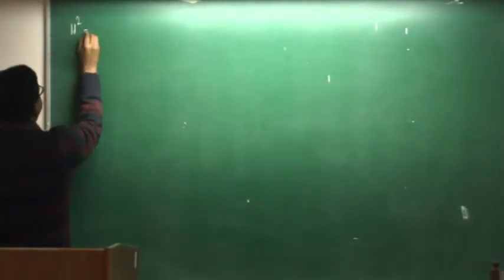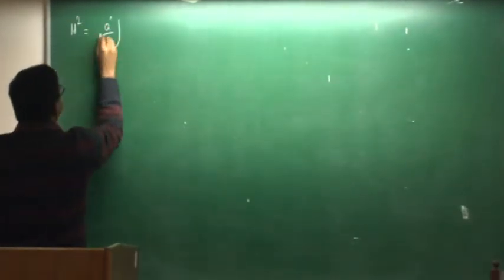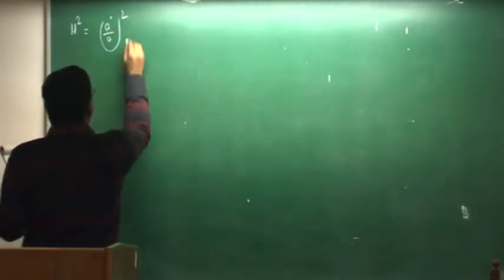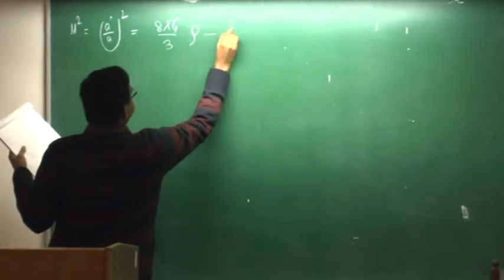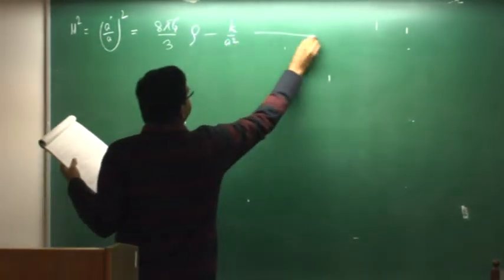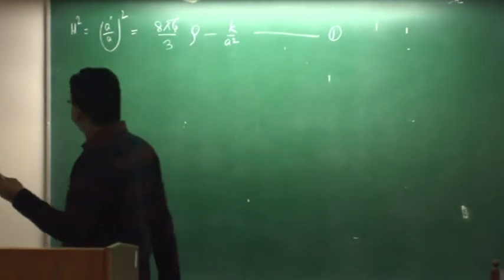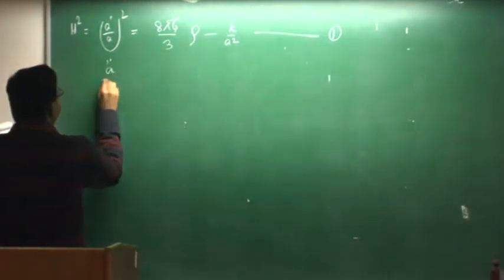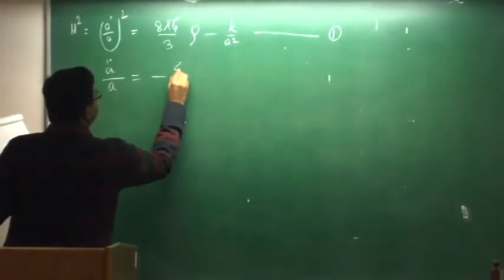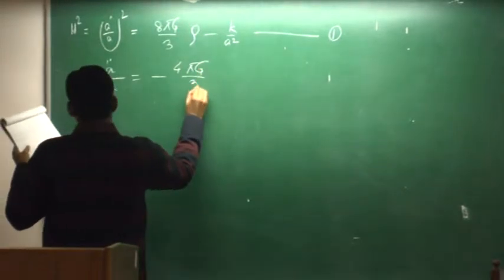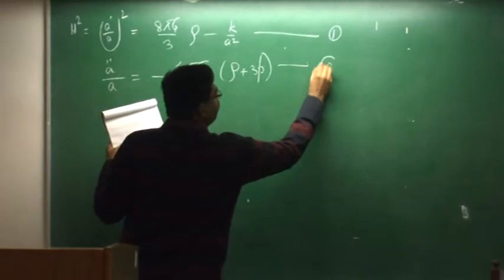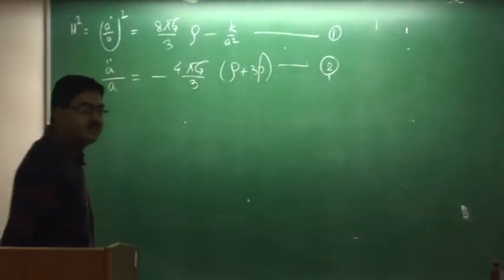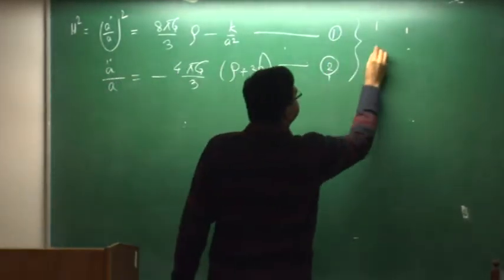So you can readily write them down as: the first equation is H squared equals 8 pi G by 3 rho minus k by a squared. So this is equation number 1, and the second equation I write like this, this is equation number 2. Okay, these are called your Friedmann equations.